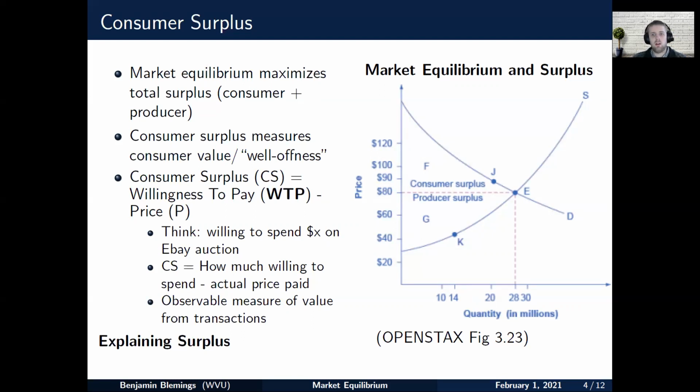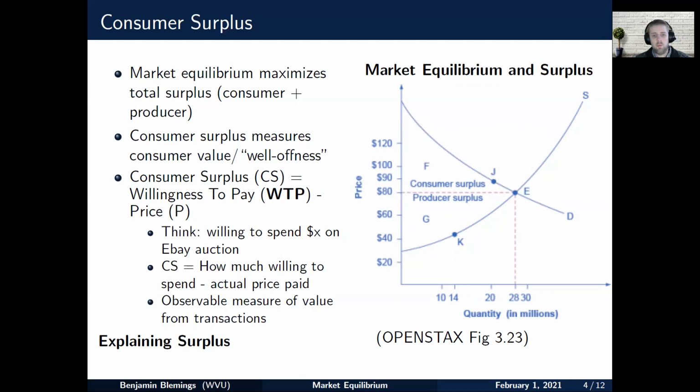A simple way that economists calculate that is, it's all the area that's above the price but under the demand curve. That would be a consumer's willingness to pay minus the actual price they're paying. So if you're willing to spend $100 in an eBay auction on an item and you get it for 50, then we're going to call your surplus 50.